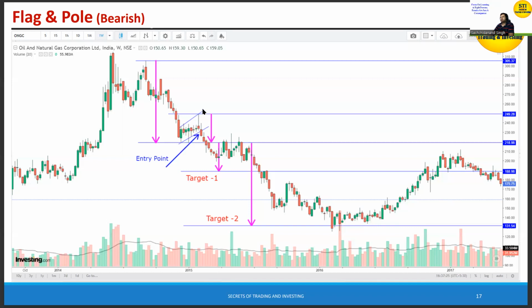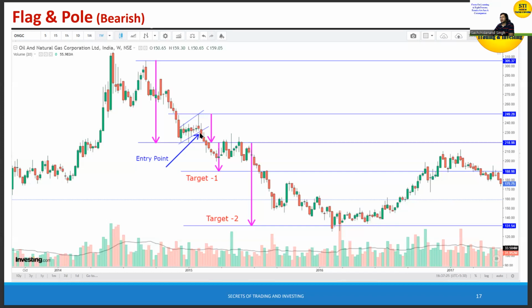And the first target, as I said, again will be equivalent to the height of the flag, target one, and target two will be equivalent to the pole. So in this example, I have given one support line here. My ideal entry point will be this line, because this is one of the strong support lines, and if it breaks clearly, then I can decide to take an entry here.